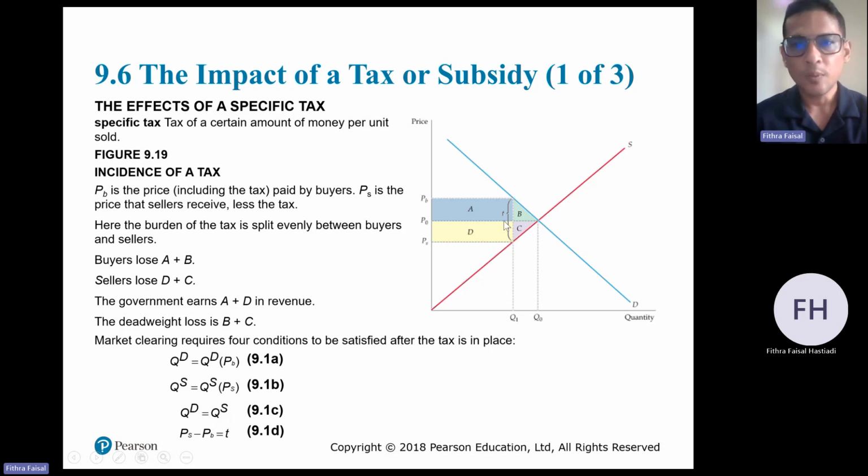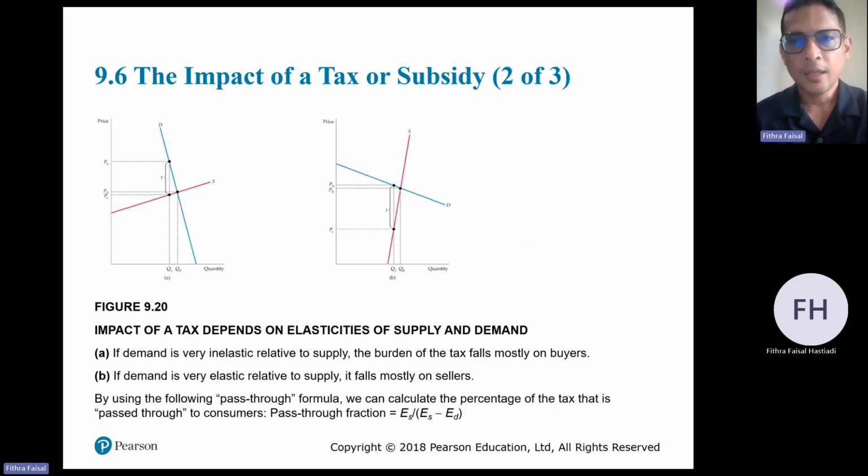So here some part of the consumer surplus is gone, A and B, and some part of the producer surplus is also gone, B and C. So tax is also depressing the overall economy, creating a negative welfare effect. And then who is facing the higher burden, the producers or the consumers?